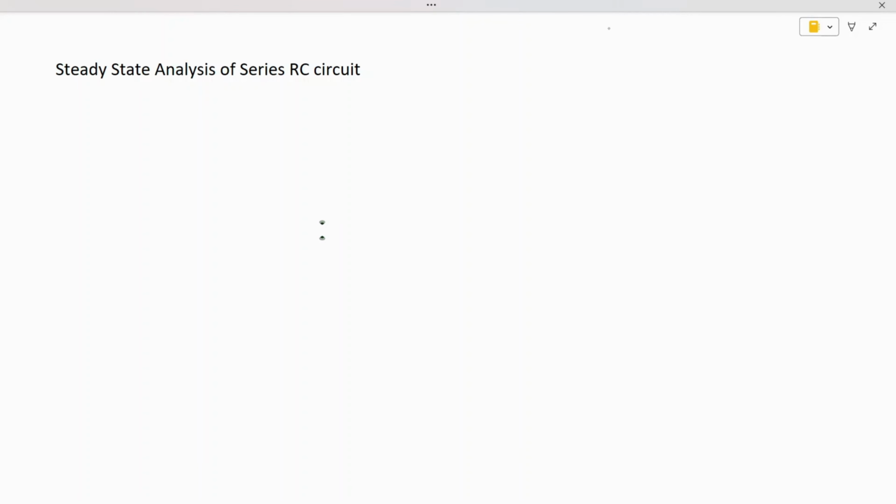We have a resistor and a capacitor which are connected in series, excited with an instantaneous voltage.